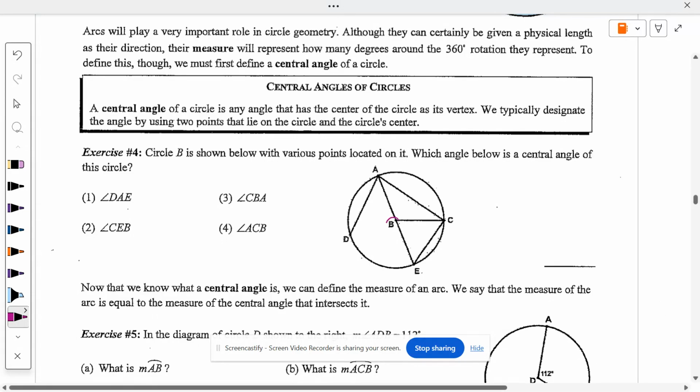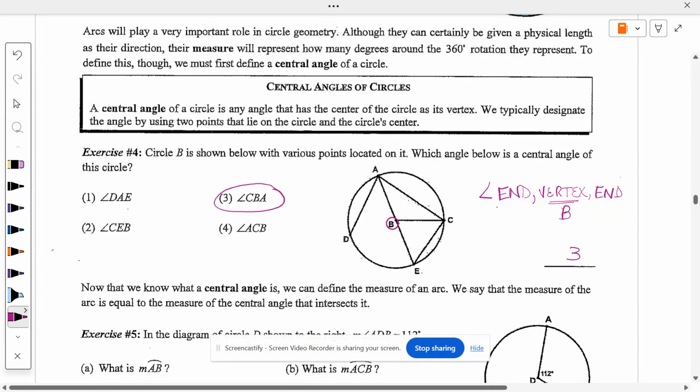Well, first of all, the central angle has to have B as the vertex. And remember, whenever you name an angle, you name it by an endpoint, the vertex, and the other endpoint. So if we want a central angle, we know that the vertex has to be B. And the only option for that is angle CBA.